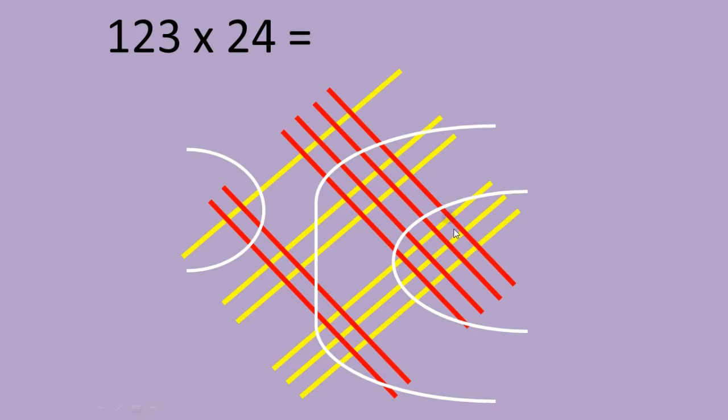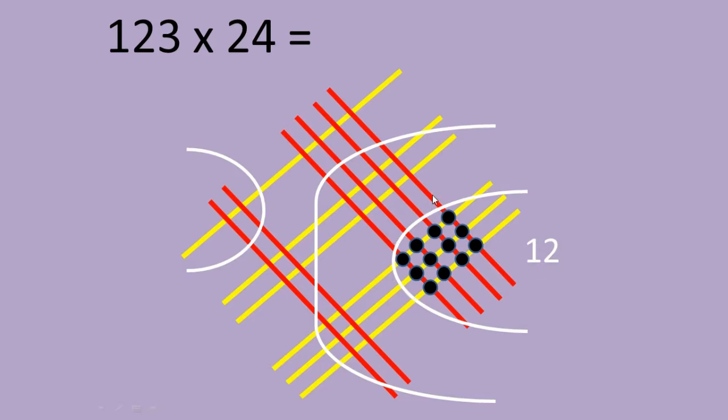Okay, now we're going to count all the intersecting lines. In the first part, we have 1, 2, 3, 4, 5, 6, 7, 8, 9, 10, 11, 12. So we have 12 intersecting lines.